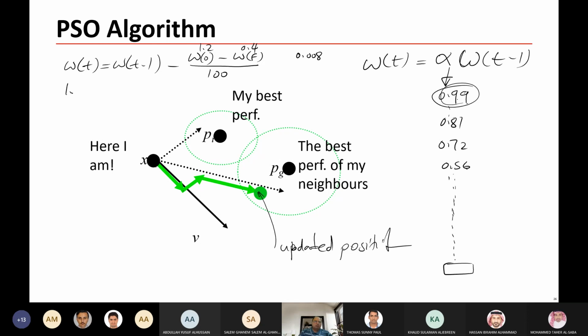So each time you start with 1.2, next iteration it will be 1.192, and so on. So you are reducing it step by step up to 0.4, and you will reach 0.4 at the end. And if you reach the maximum iteration, the search will stop. And at this 100th iteration, W will be 0.4. Okay, so it will not reach 0 again. And in both ways, it will not reach 0.